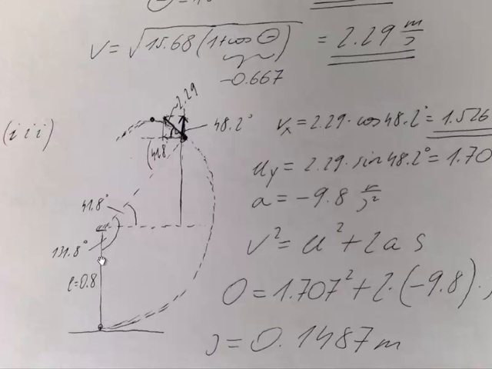So let's see the angles. We calculated this angle, 131.8 minus 90, and this and this angle are the same, and this direction is perpendicular here, so it is 90 minus 41.8, and this is adjacent, so Vx is equal to 2.29 times cosine 48.2.